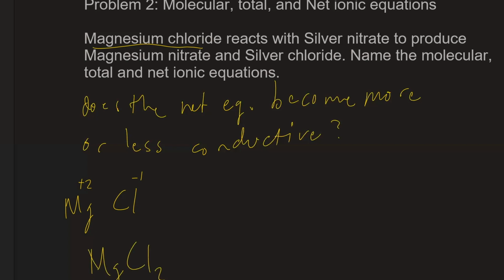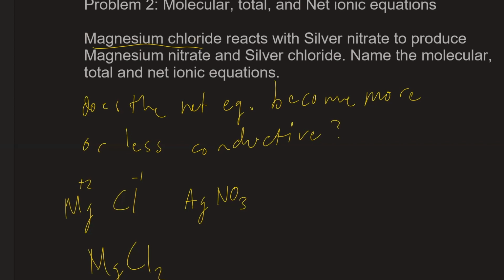Then we also have silver nitrate, AgNO3. Silver, since it's a transition metal, can have pretty much any charge. Silver can have a +1, +2, +3 charge.